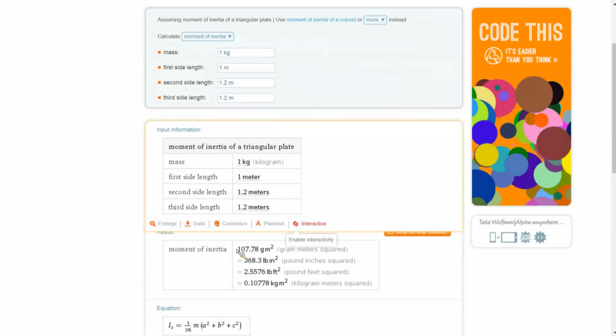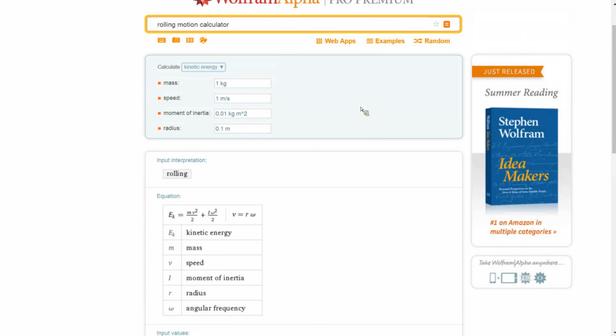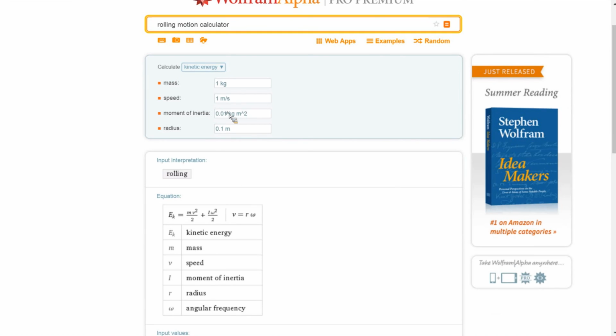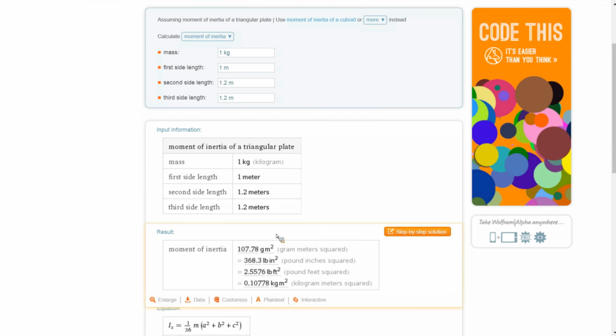So here's my moment of inertia, 107.78. Then I can take that and plug it into a rolling motion calculator. These are in different units, but that's okay. I'll just change this to gram meter squared, 778.